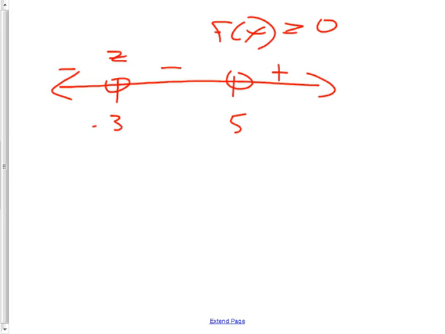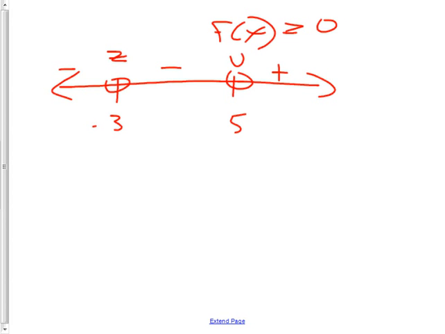Good question. All right. So the -3 is a 0, and the 5 is a U, which is an undefined spot.